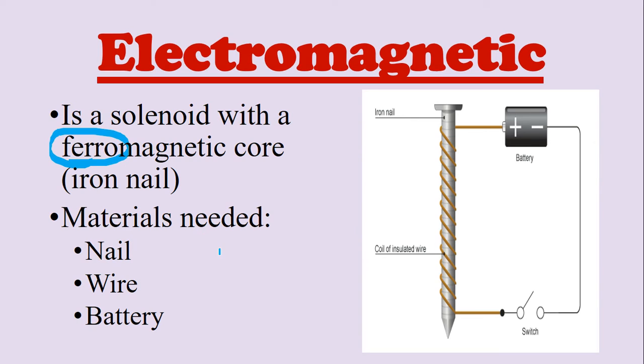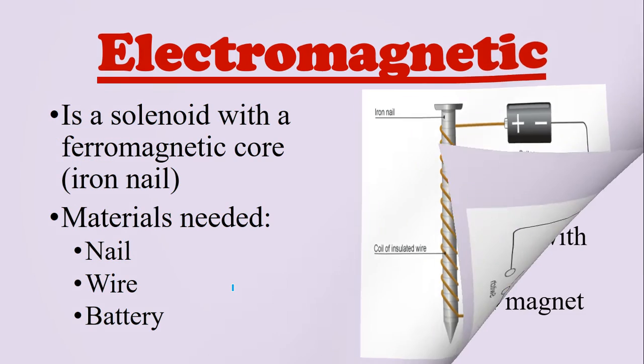To make a very simple electromagnet, you need a nail, a battery, and a wire. You wrap the wire around the nail and connect the two ends of the wire to the battery, and your nail is now an electromagnet. Electromagnets are really important in your life, and we're going to get into that in another video.